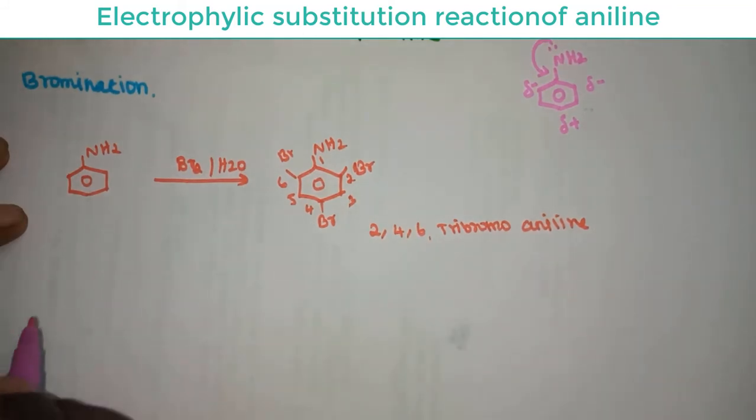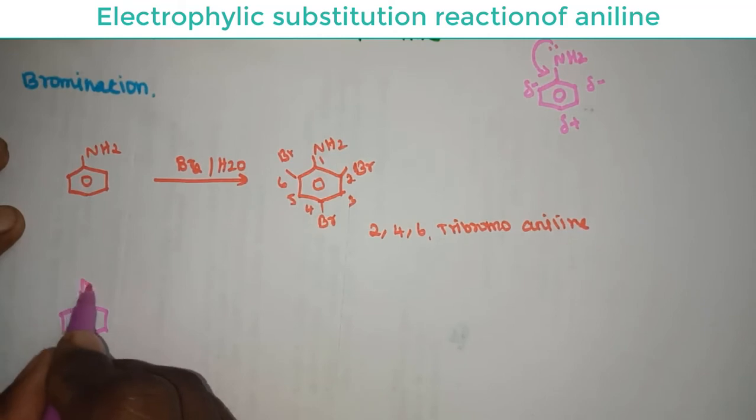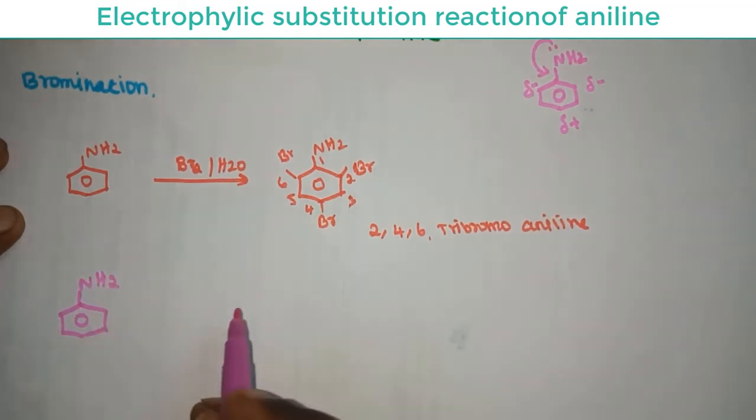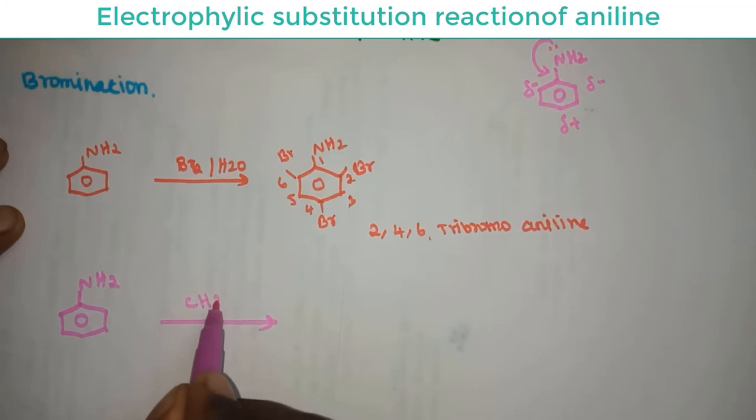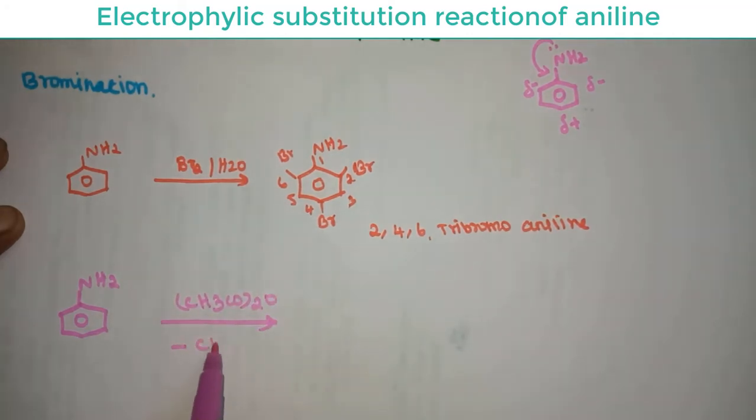To get monobromo compound, first the NH2 group is protected using acylation. Aniline first reacts with an acylating agent like acetic anhydride, and the first step is elimination of acetic acid to form acetanilide.